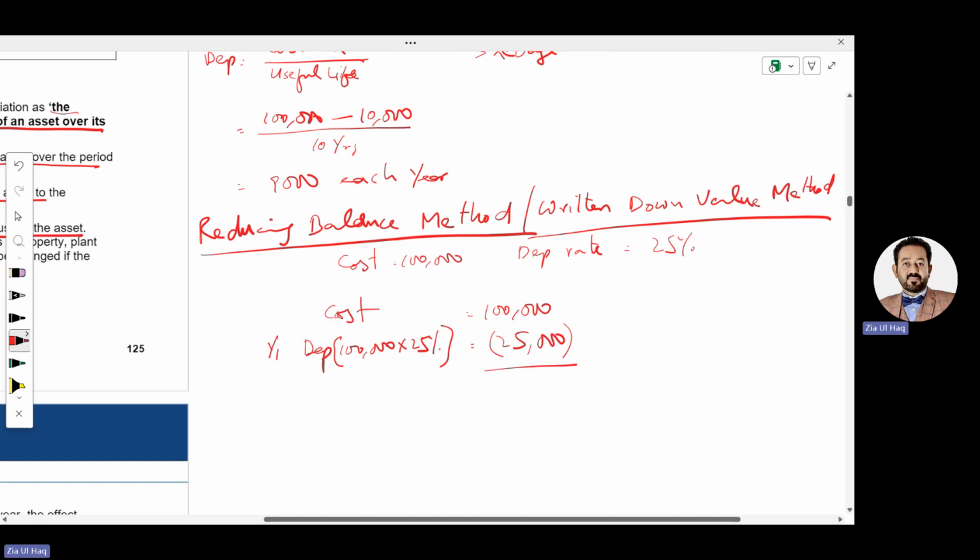And then we will calculate its carrying value, also called net book value. That is 75,000. For year two, we will charge depreciation at the 25% rate on this carrying value. What is 25% of 75,000?